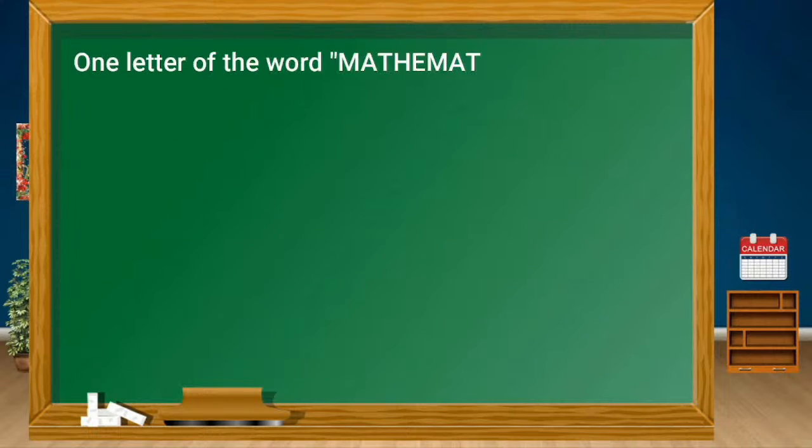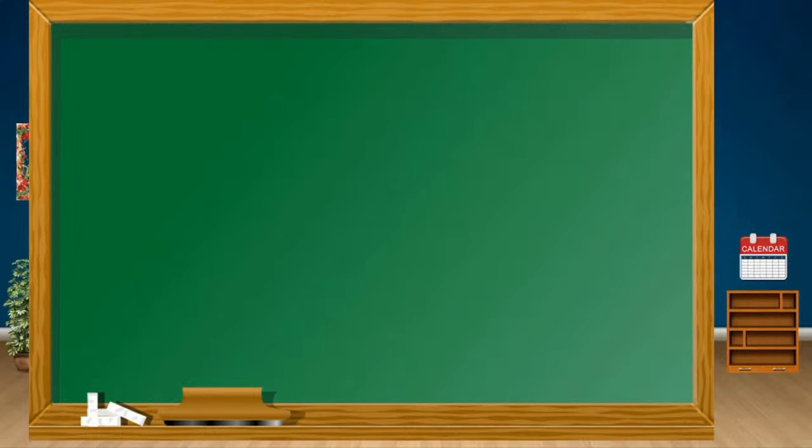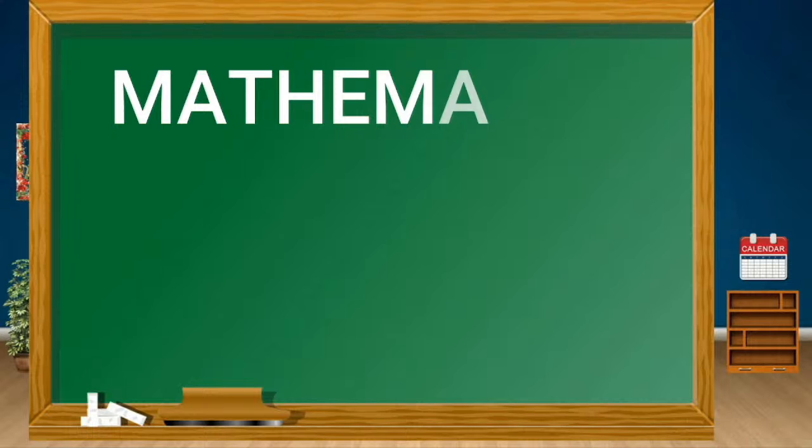Another example. One letter of the word mathematics is selected at random. Find the probability that the letter selected is a vowel. From the word mathematics, we have 11 letters: M, A, T, H, E, M, A, T, I, C, S. Let's pick the vowels.